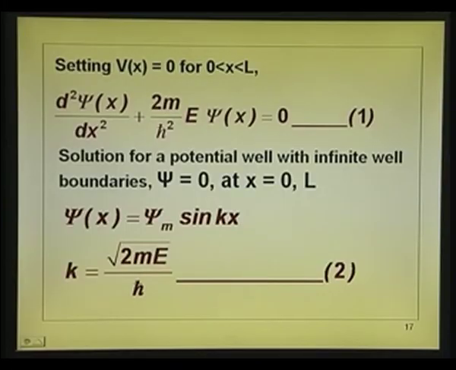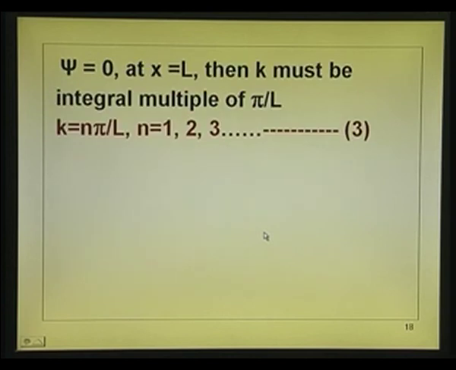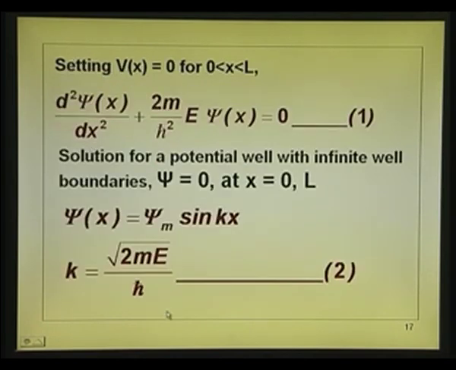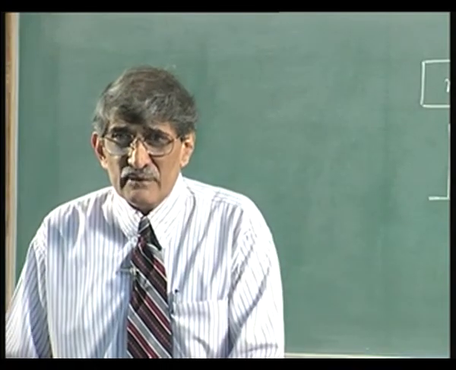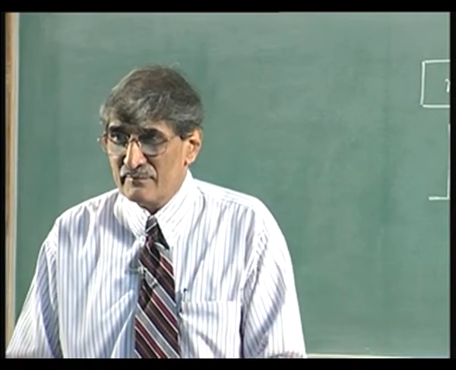So, k into L can take values equal to n pi, n varying from 1 to 3. I will come back to this again, because we put k equal to this one and then equate it to this particular term. I will not continue on this now. We will take this, quickly come to this, then go back to HEMT, because that will be the continuity.